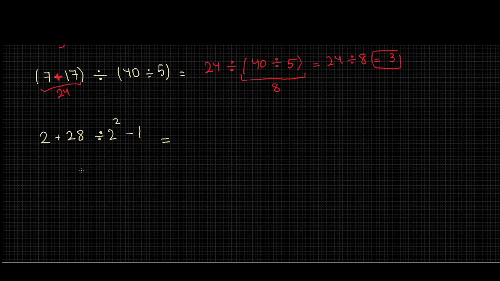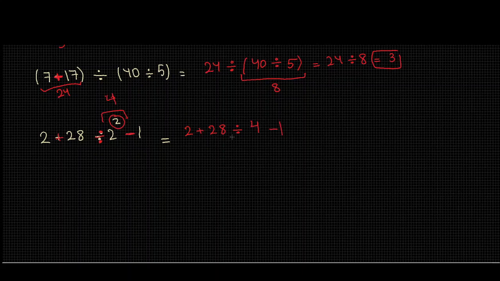This example has exponents. I have addition, I have division, I have an exponent, and I have subtraction. The most important one in this equation is the exponent. So I will rewrite the equation, 2 plus 28 divided by 4, because 2 to the power of 2 is 4, minus 1.